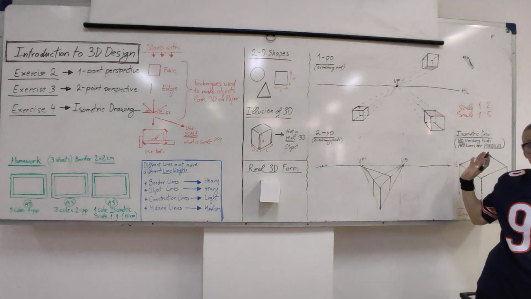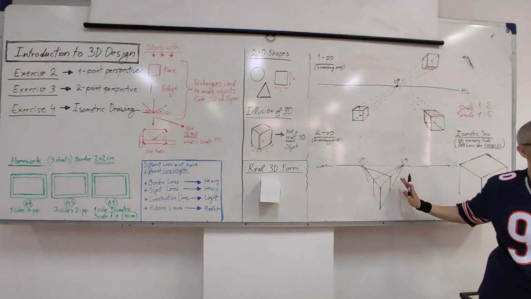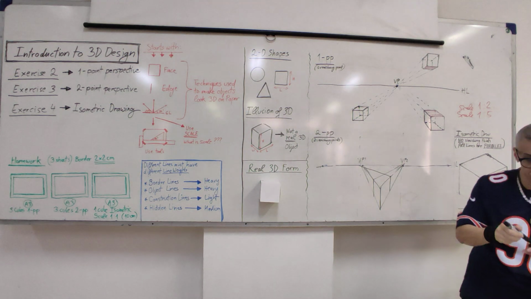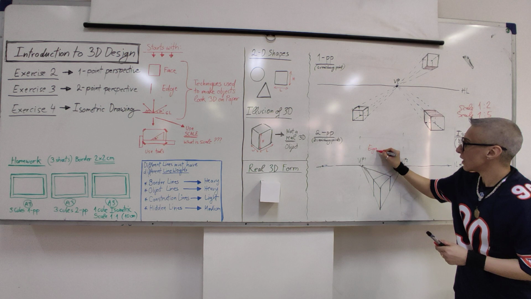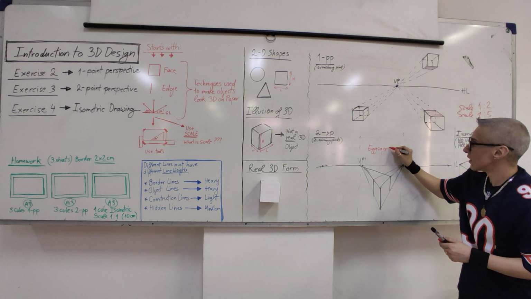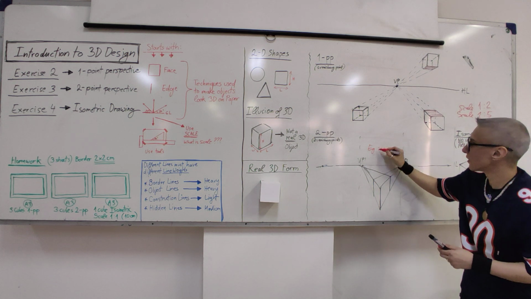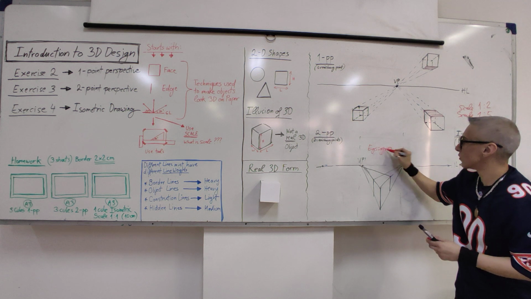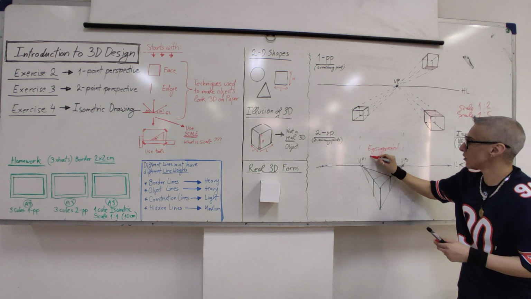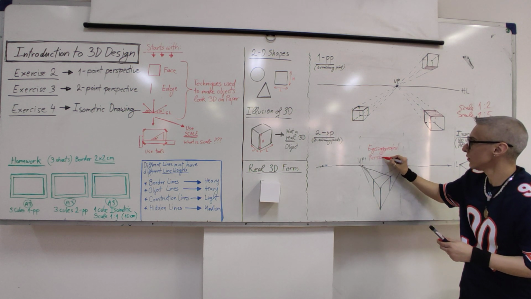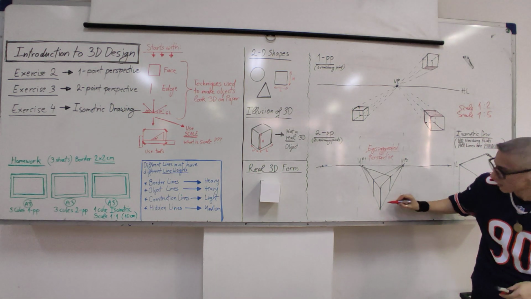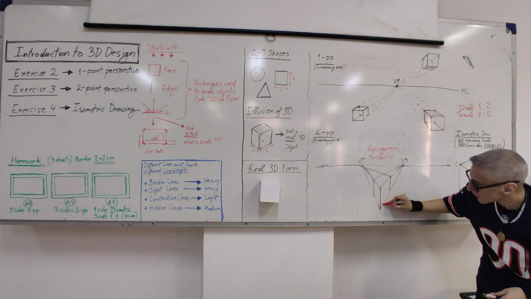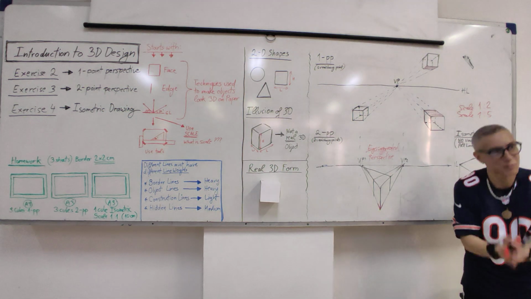Now, I applied the rules correctly. This is correct, but it is what? An exaggerated perspective. Exaggerated means, look at this angle here, it's very sharp.